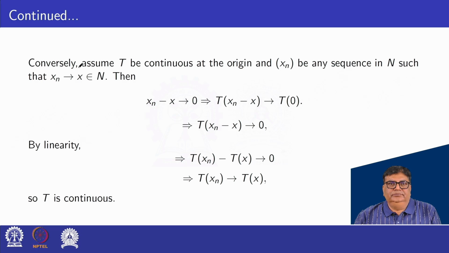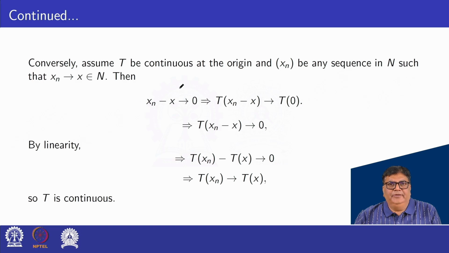Conversely, suppose T is continuous at the origin and xn is any sequence in N such that xn converges to x, an element of N. It can be written as xn minus x tends to 0. So this is a sequence tending to 0.